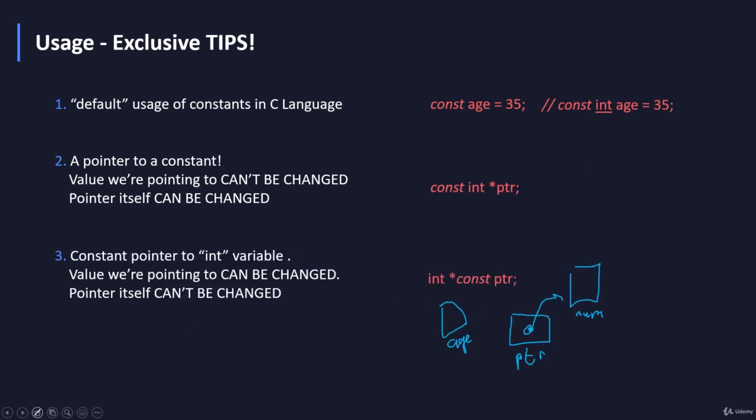Now let us see an example that may make things a little easier. Let's start: int star const ptr equals the address of age. Here we created a constant pointer that points to a variable called age.